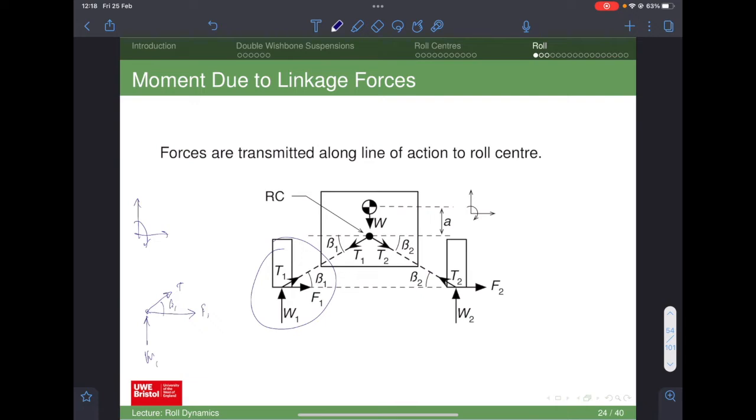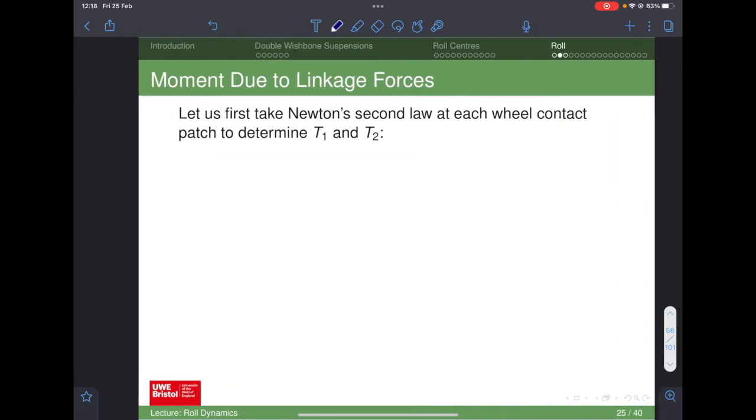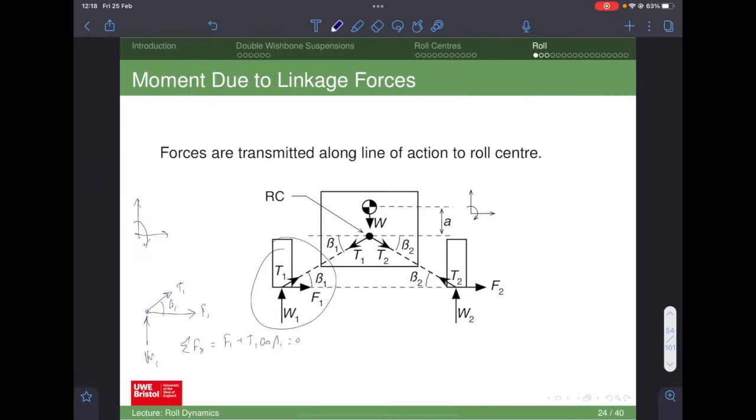So if you do the sum of the forces in the x direction, you've got F1 plus T1 cosine beta 1 equals 0. So T1 quite clearly is going to be minus F1 divided by cosine beta 1.